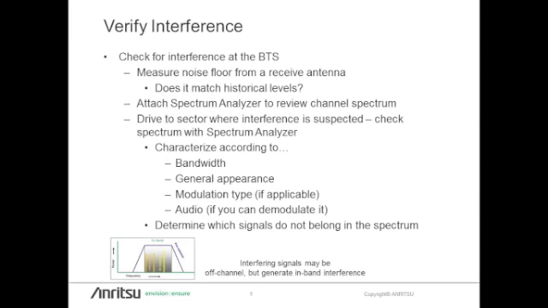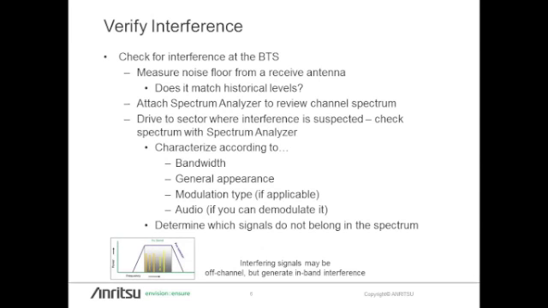So one method is that you can take a spectrum analyzer and check the interference if this is a cellular system at the base station. You could look at the noise floor from the receive level by looking at redundant ports. And many cell systems, in terms of the network equipment, will have redundant receive ports. So there's not only the master receive, but there's a redundant port that you can tap into that's wired to an antenna.